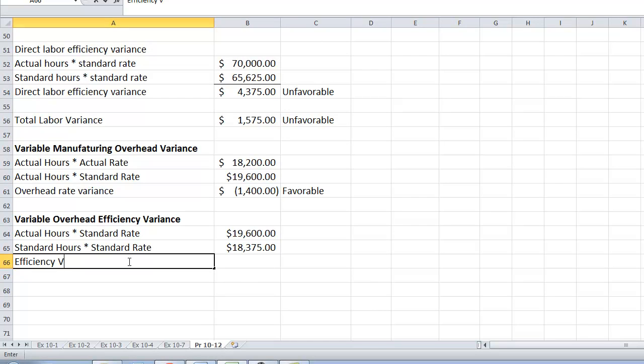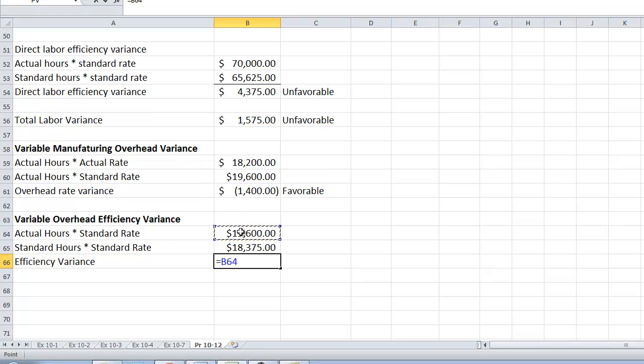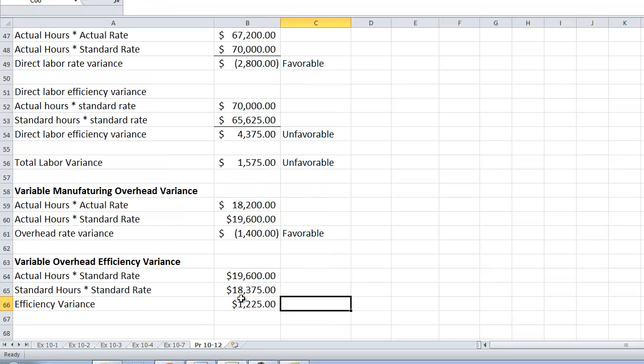Efficiency variance. And this is unfavorable.